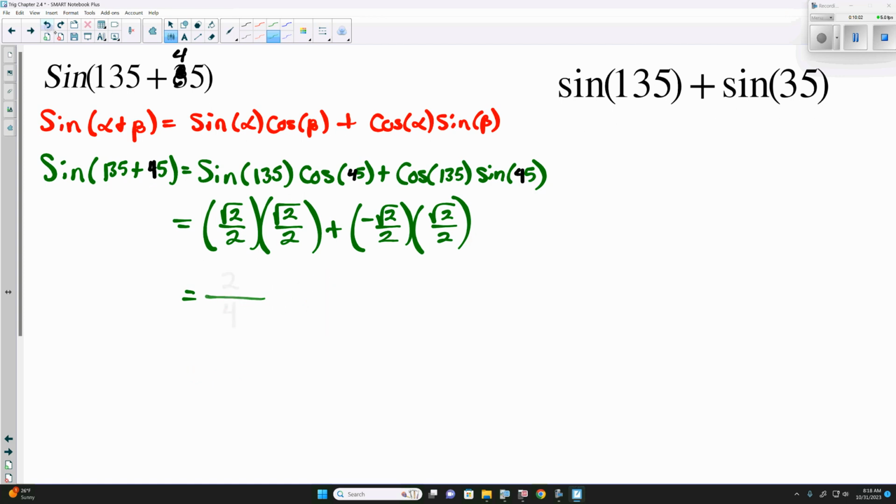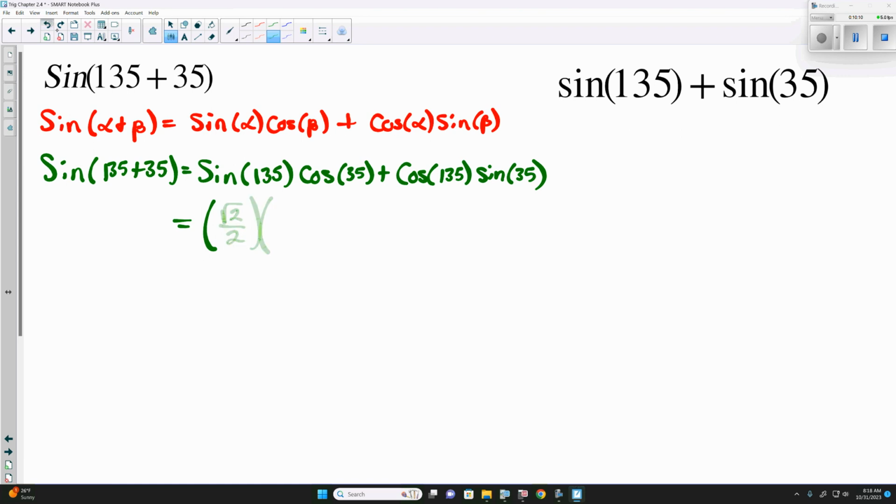Now, the other option. I'm going to back all the way up. Because there's one or two things that I could have done on this here. And the other option is that instead of this being 35, you don't have to write this down, this was supposed to be 30 degrees.